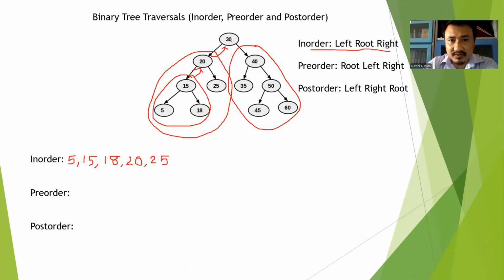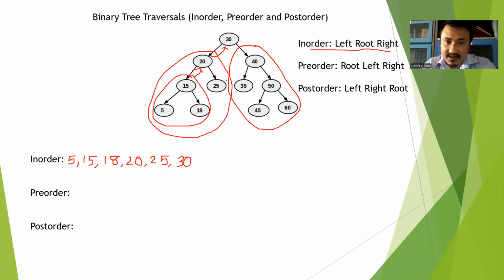This is the root node and the left part is completed, so we write the root. The root is 30, so we write 30. The left part is fully completed and the root is completed, so we move to the right side.